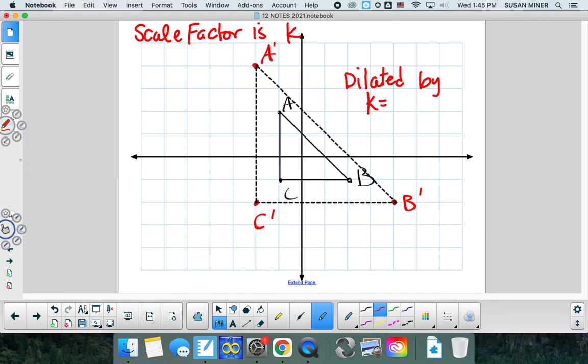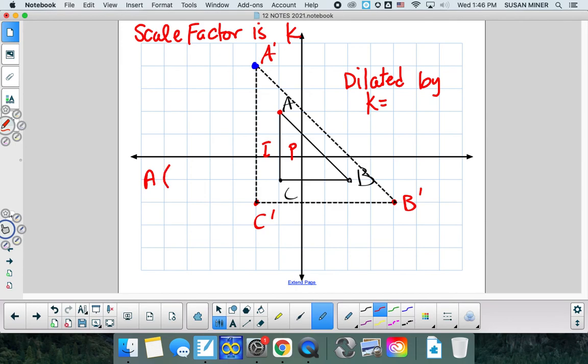So I want to write the rule. I want to figure out how much this was dilated by. There's a couple of different ways that I can do that. I can first just pick 2 points. It started right here. Here's A, right? Point A. That's where it started. This is the pre-image. This is the image back here. So it started with this small one in the middle. And then it became A prime up here. I'm going to mark that one blue. Okay. And I can write the coordinates for both of those points.